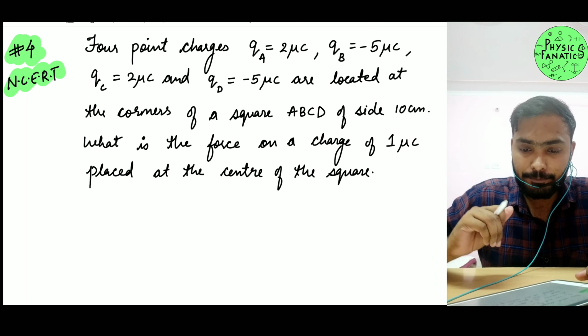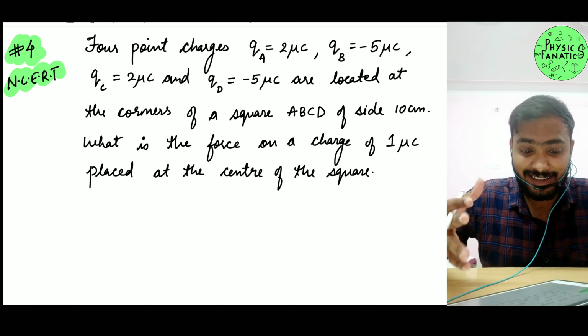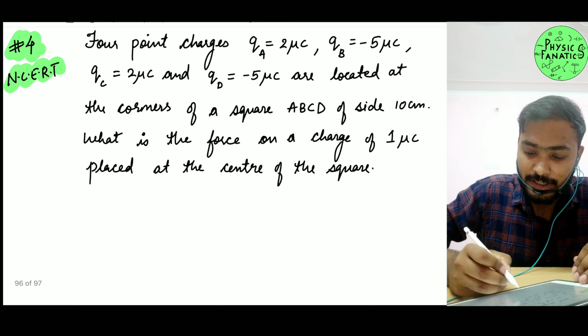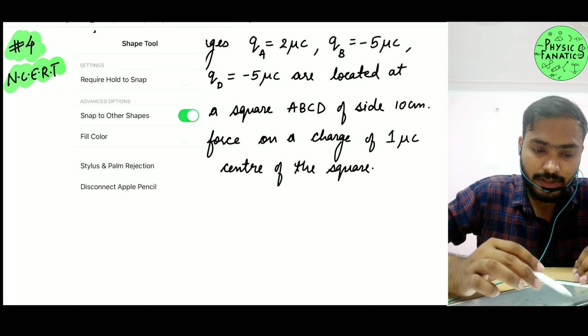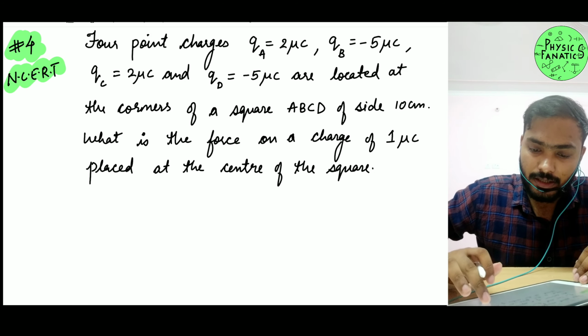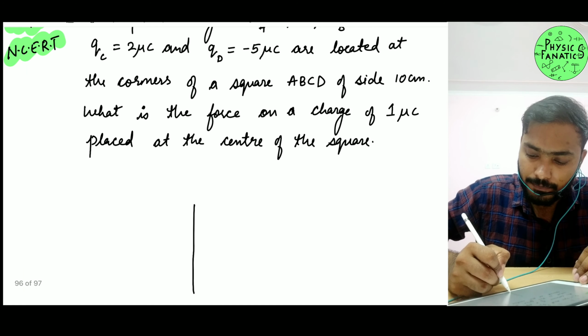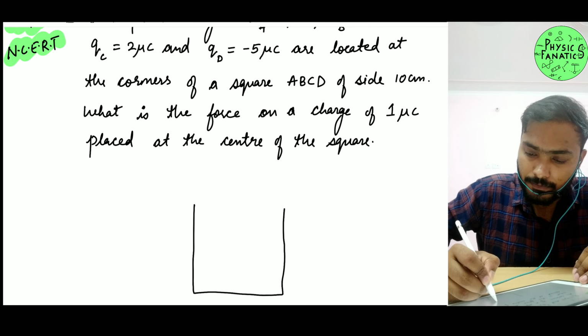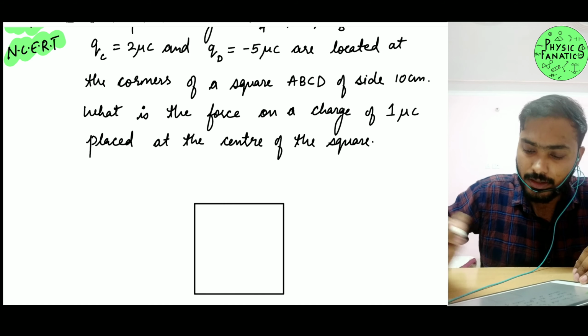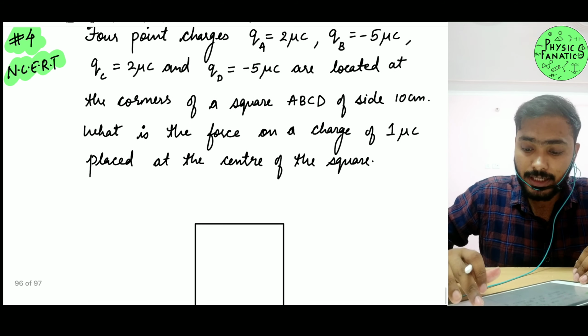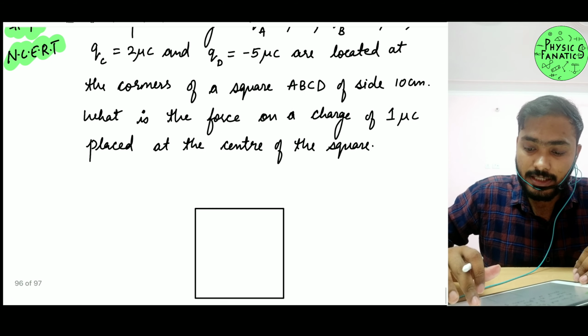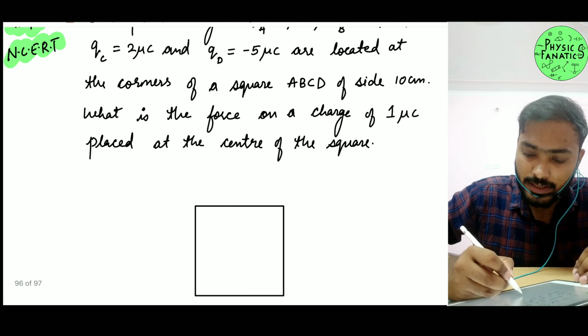I have to draw it out so that you can understand more precisely. Let me quickly make a square. There are charges kept at the vertices of the square.